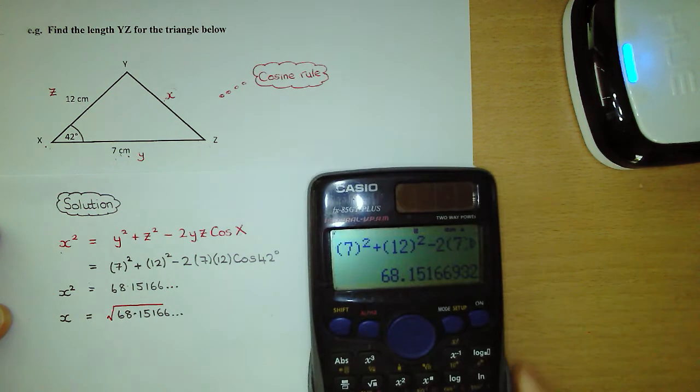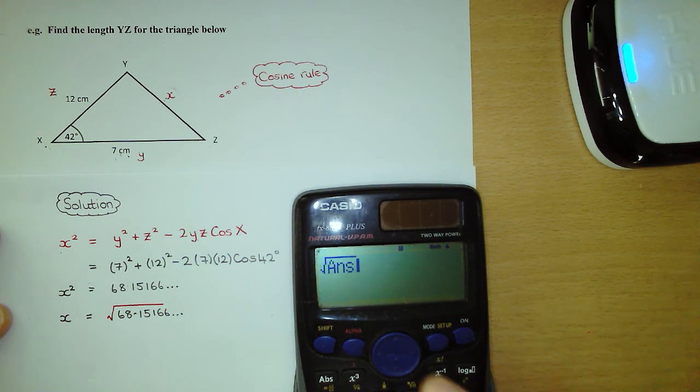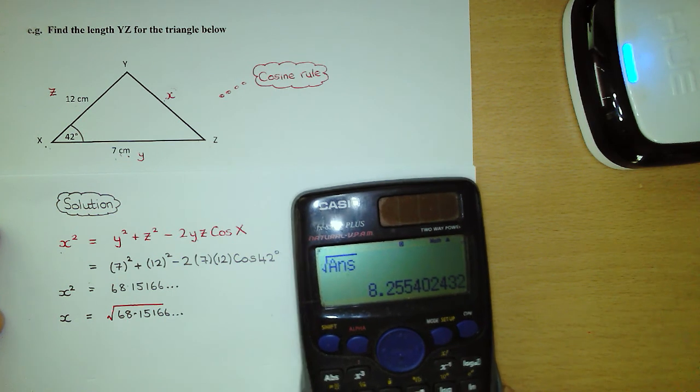So we go back to our calculator. The answer is still stored in our calculator for this line here. So all I'm going to do now is hit the square root button and type answer underneath, and then hit equals, and that's going to give us 8.2554.